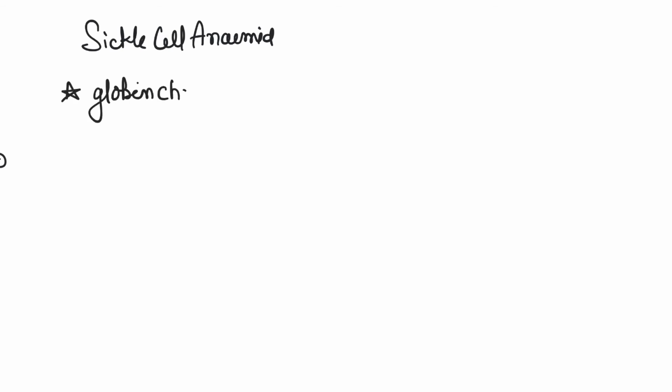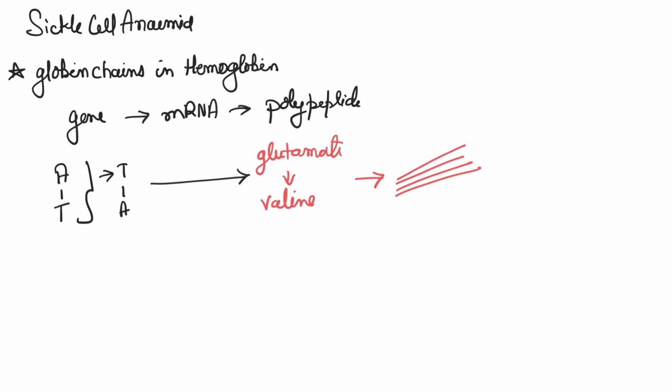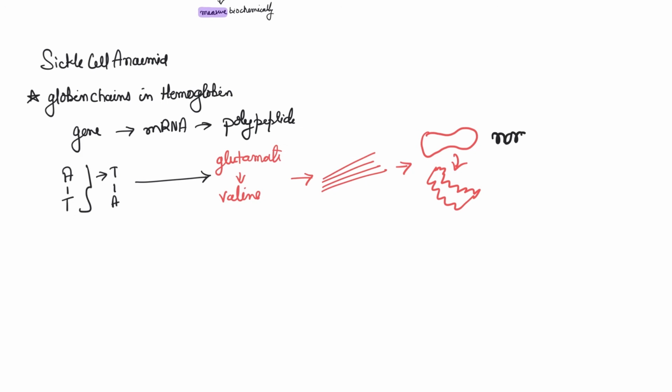Now, if a single A T sequence changes to A A, the polypeptide has a different amino acid. Glutamate changes to valine, and because of that, the hemoglobin can clump, and it can lead to formation of sickle cell RBC. This happens only when the oxygen concentration goes down, and adults cannot survive this.